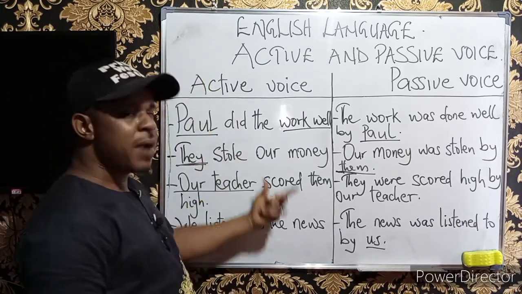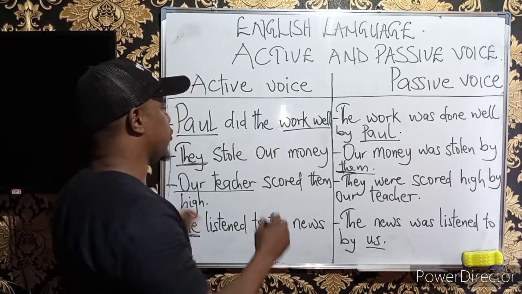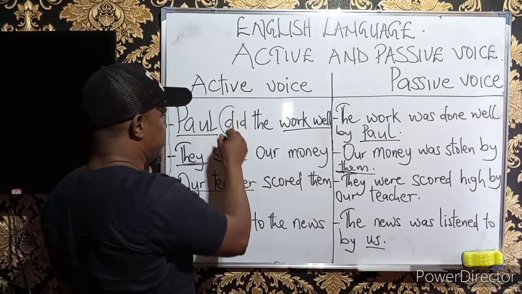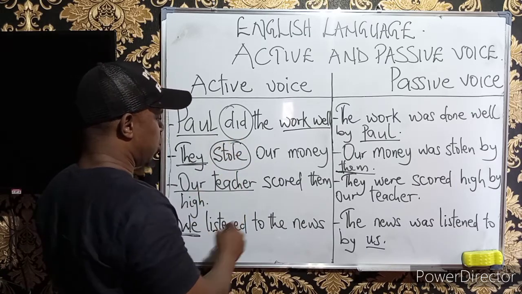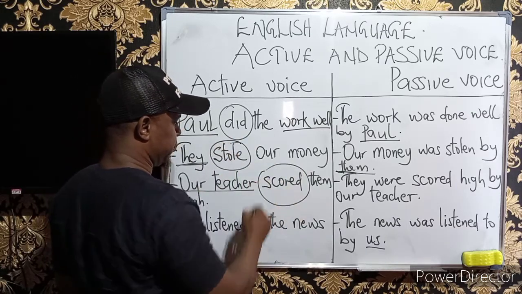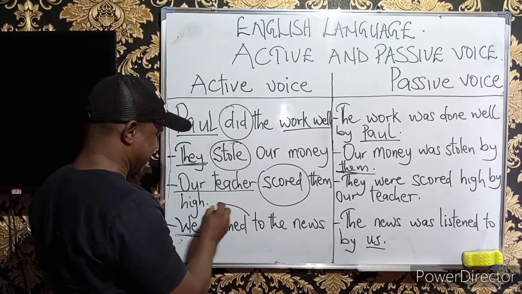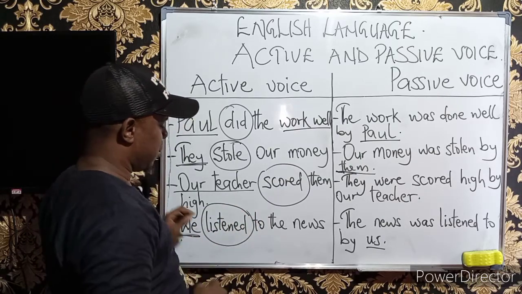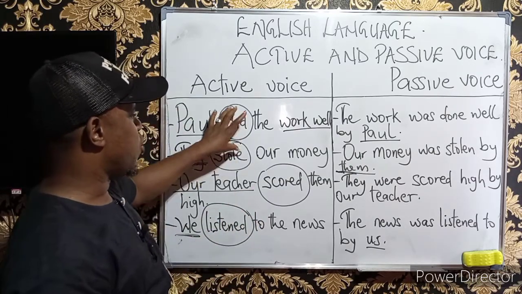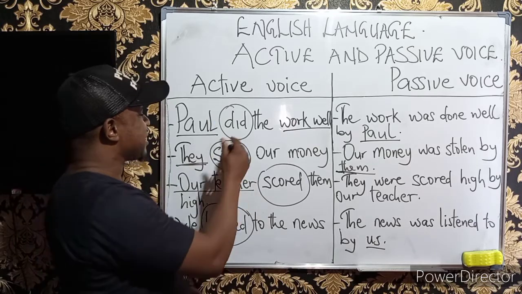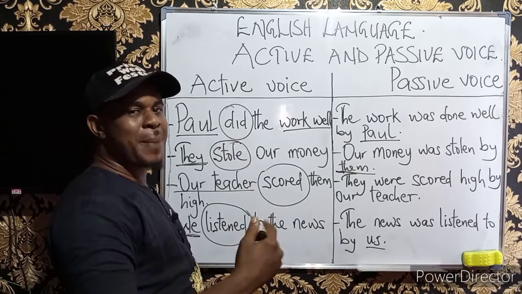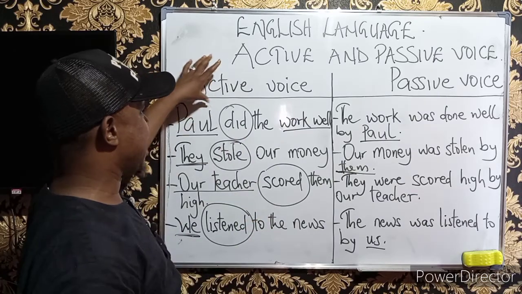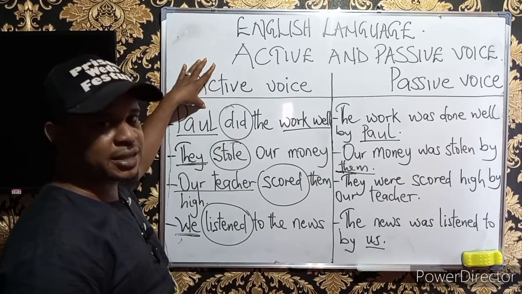when you express a sentence in the active voice, you look at the verbs: did, look at this, stole, look at this, scored, and look at this, listened. All right? Now, from here, we notice that these verbs are in the simple past tense because the expressions are all in the active voice.